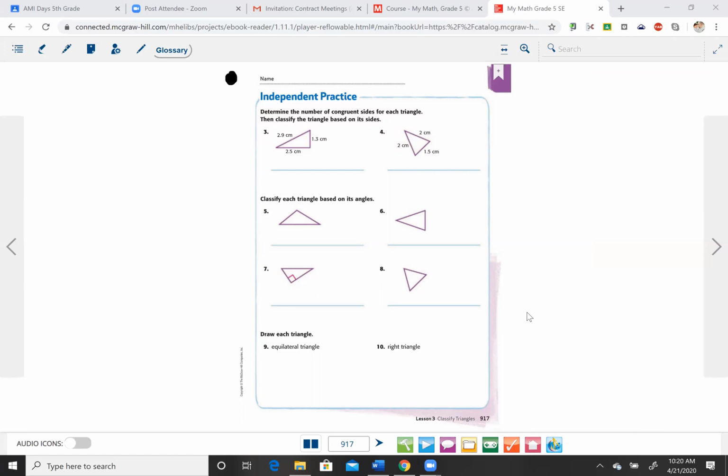Hey, Kaylee, you're unmuted. I'm still confused. Okay, look at number 3. Are any of the sides the same? No. So what would you classify that triangle as?